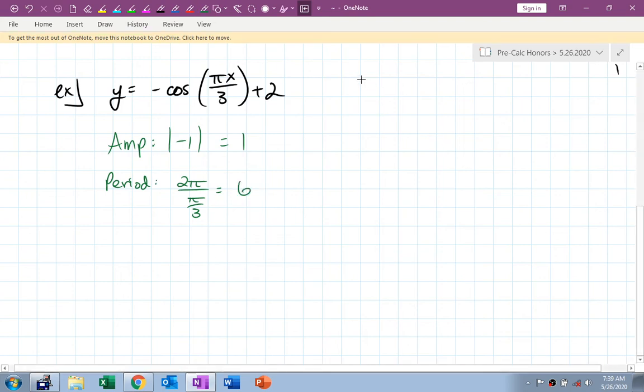And now to graph. I'm going to put my x-axis a little bit lower this time because I know I'm shifting up 2. So I'm going to kind of do that. And I'm going to say that this is negative 1, this is 1, that's 2, and 3. And then I get 0, and I have to end, 1, 2, 3, 4 tick marks, at 6.